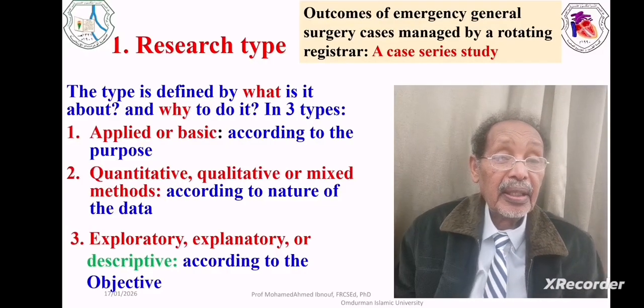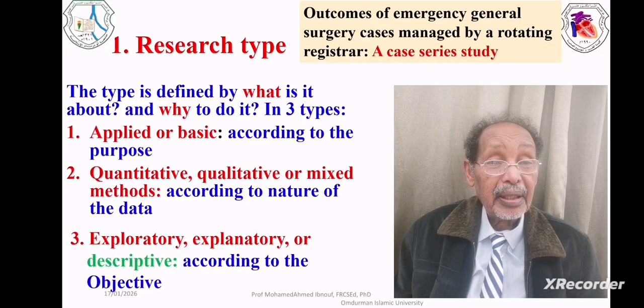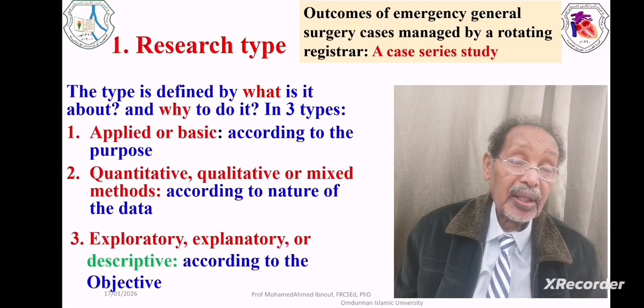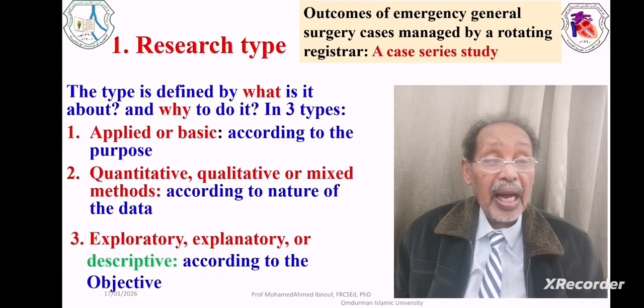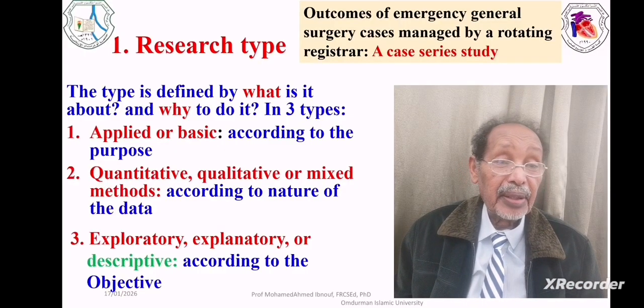So again, what type is this? We can ask, what was it done for? To solve a real problem. So it is an applied research. And this is the type. And the data will be numerical data collected from medical records.